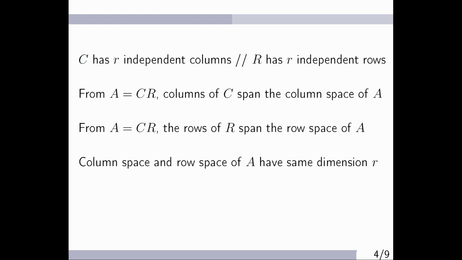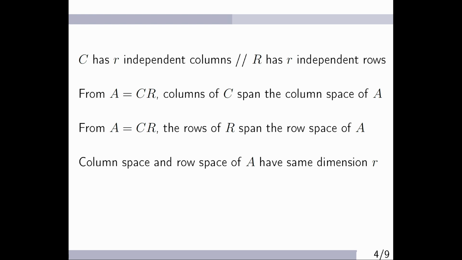That's the factorization. And from just looking at it, those columns of C span the column space of A. They're a basis for the column space because they were independent. And now R is also a great matrix because from A equals CR, just matrix multiplication, the rows of R are giving you combinations coming from C now.